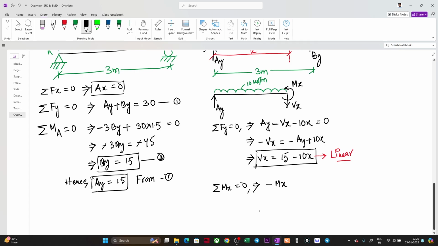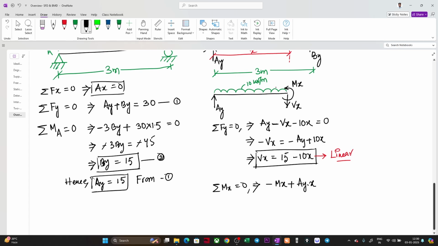Then this Ay will create a clockwise moment, so it will be plus Ay into x, Ay multiplied by the lever arm, which is the length x. Then this load will also act, say, at the center of this span, and it will also develop a moment here.